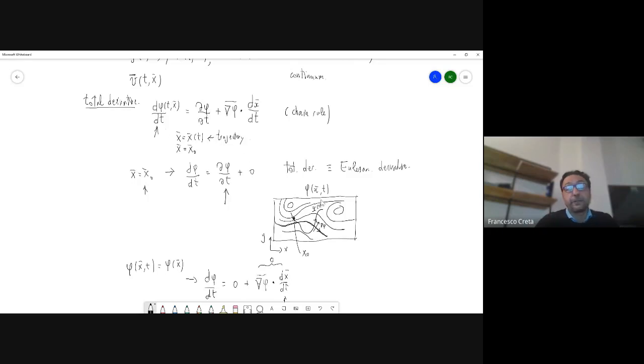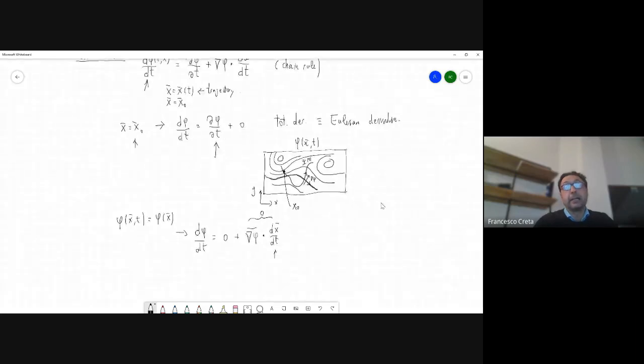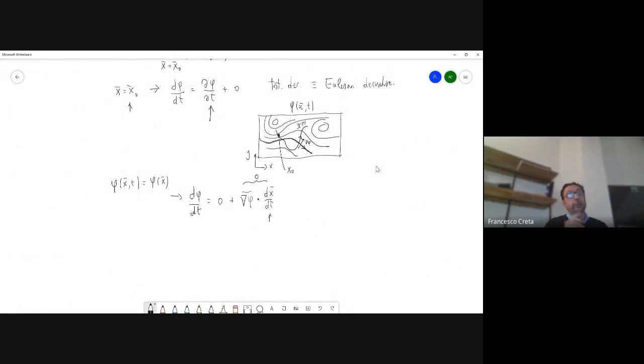So this is just a physical interpretation. Each of those two terms has a very clear interpretation. And in fact, it has an even more profound implication if you look at fluid fields.